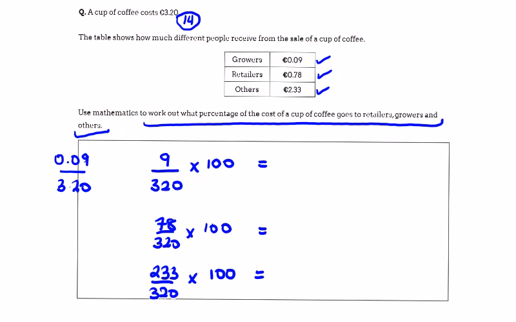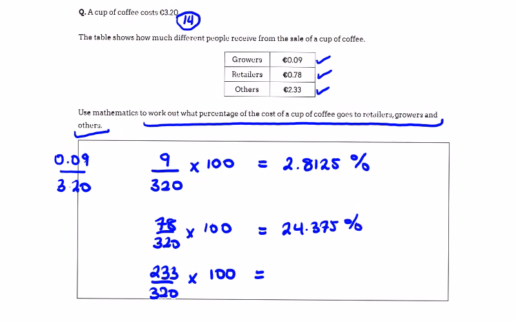So using the calculator, 9 over 320, slightly less than 3 over 100, 2.8125% is what this one is giving me. 78 divided by 320 times 100 is 24.375%.